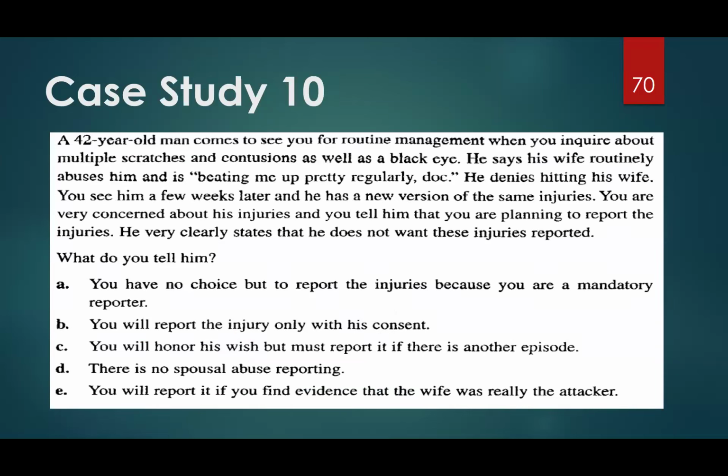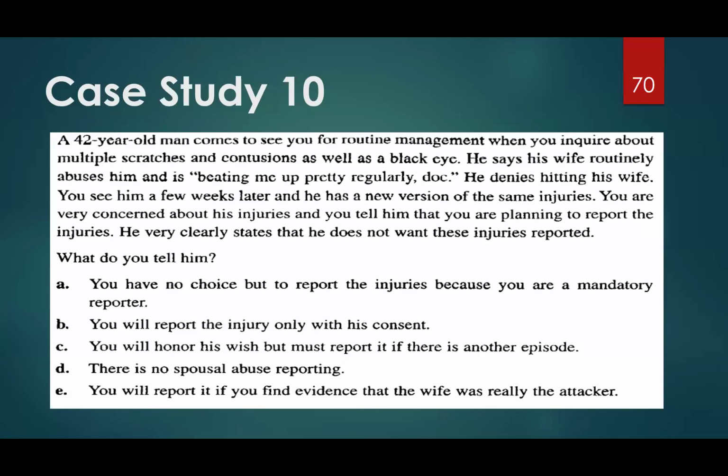He denies hitting his wife. You see him a few weeks later and he has a new version of the same injuries. You are very concerned and tell him that you are planning to report the injuries. He very clearly states that he doesn't want these injuries to be reported. What do you tell him?